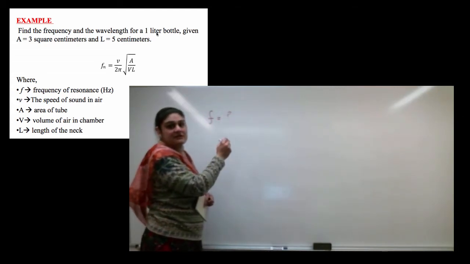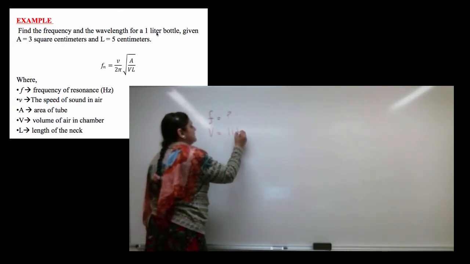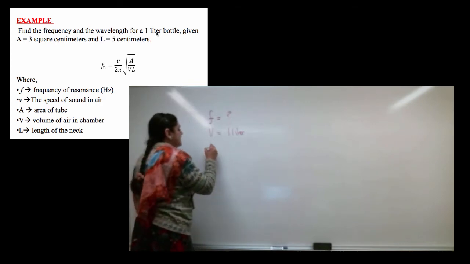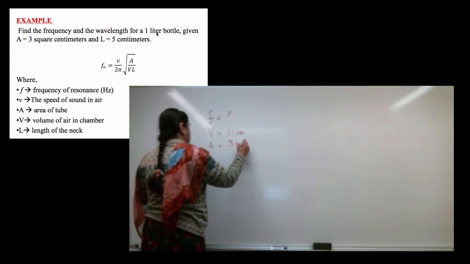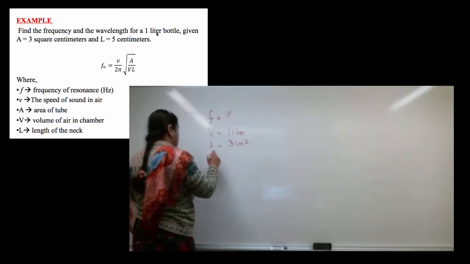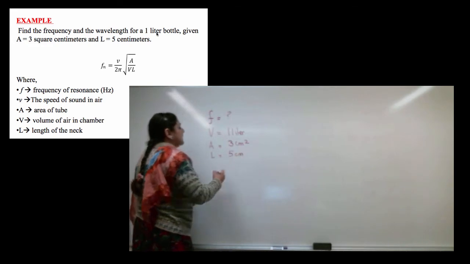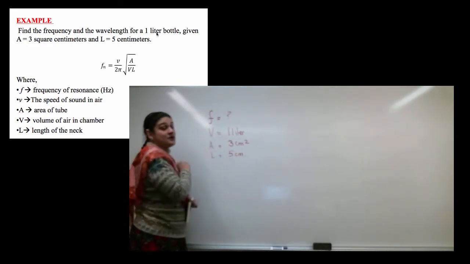It gives us that the volume is 1 liter. It gives us area, which is 3 centimeters squared, and it gives us length, which is 5 centimeters. Now, there is a problem with every single one of these units, right? They're not SI units.